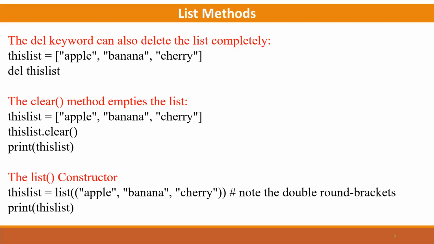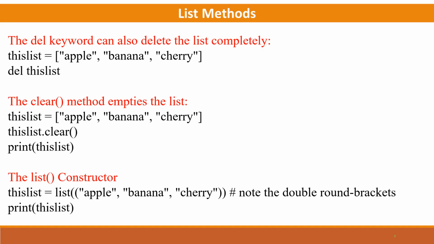Del, already used, deletes the list completely. Clear. This method empties the list. That means it removes the elements, not the entire list.